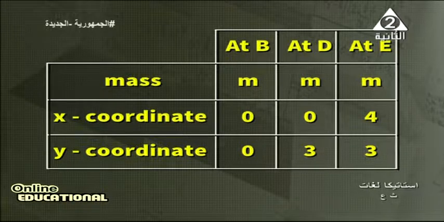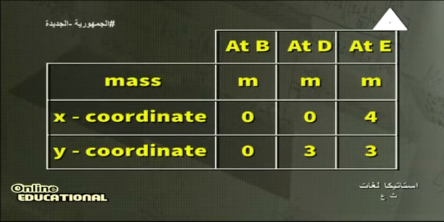By using the rule, M times 0 plus M times 0 plus M times 4 over summation of mass 3M equal 4 over 3. Also, M times 0, Y coordinate or YG plus M times 3 plus M times 3 over 3M.